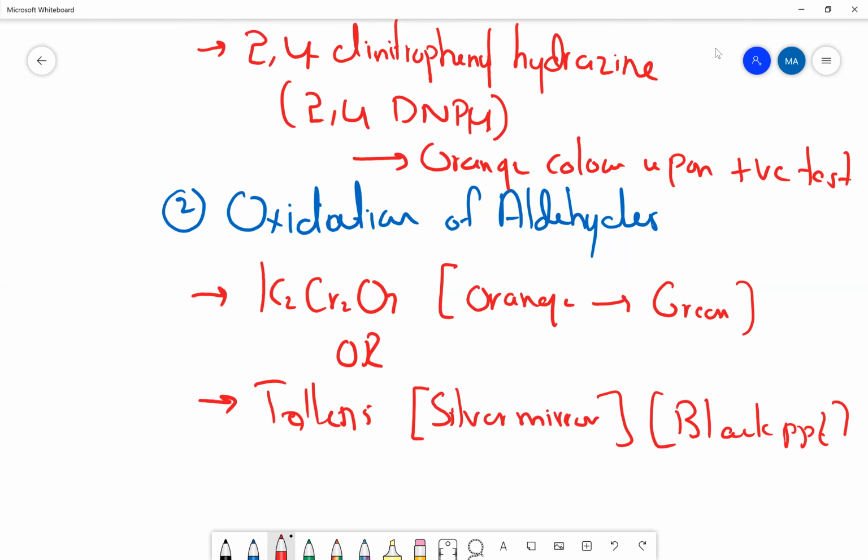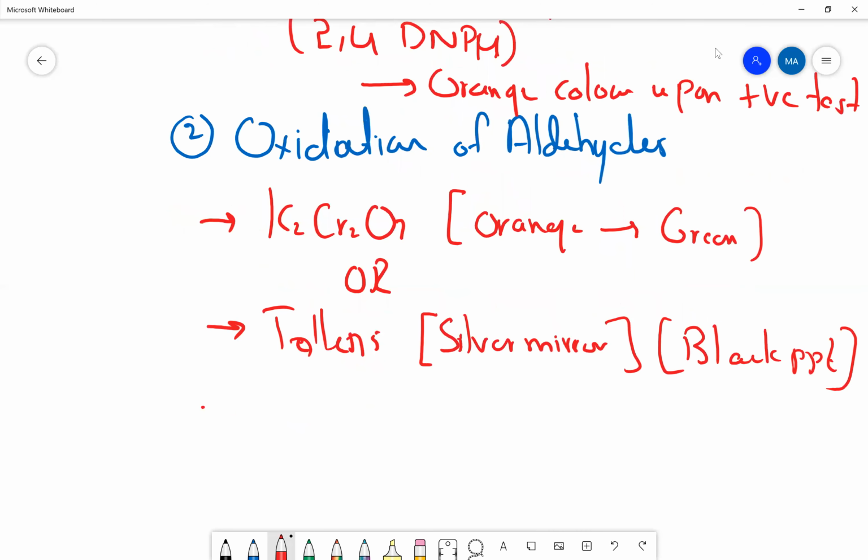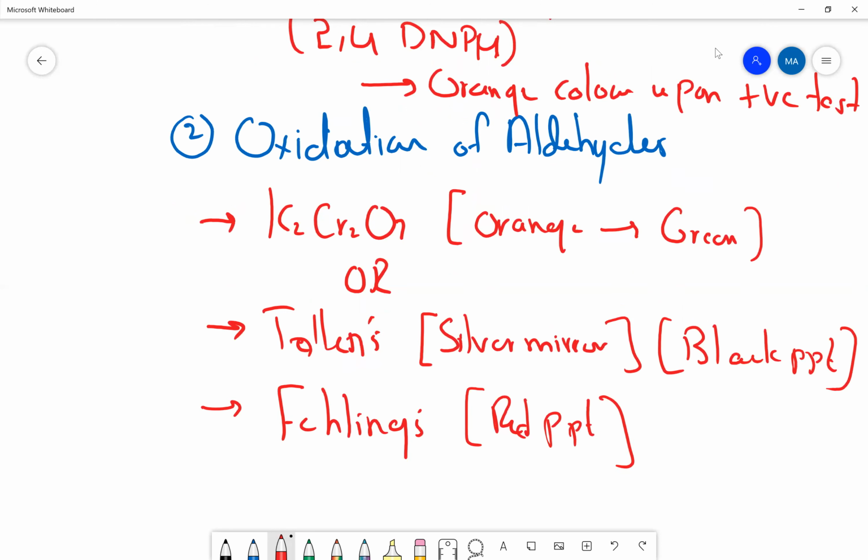And the last one is a Fehling's reagent having copper ions. For this, you can observe a red precipitate. So whenever you get these color changes with any of these three oxidizing agents, you'll know that there's an aldehyde, because aldehydes are the only carbonyl compounds that undergo oxidation.